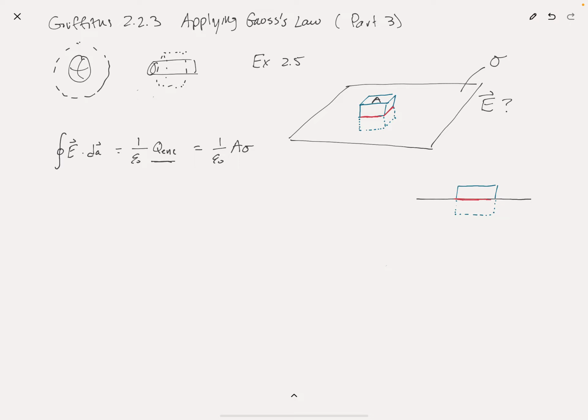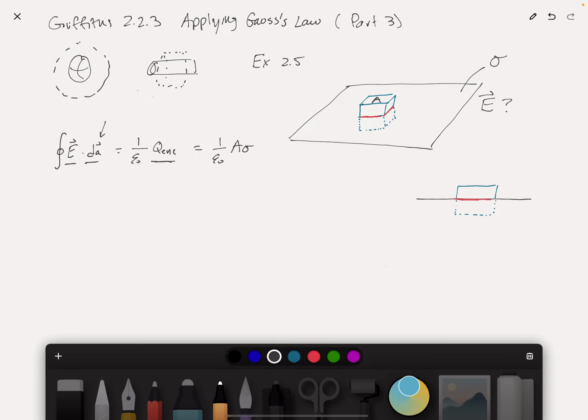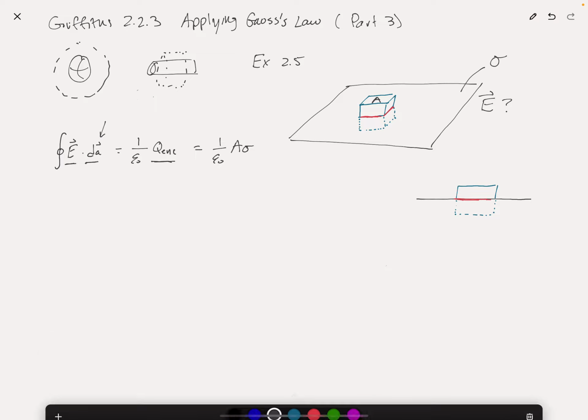Now I have to figure out what is the electric field dotted with all of my surfaces. We know by symmetry that the electric field is pointing out above and below my plane. So I need to evaluate that dot product with all of the surfaces of my box. I have a lot of surfaces, but I'm going to be creative about doing this. I'm going to draw this again just a little bit bigger.